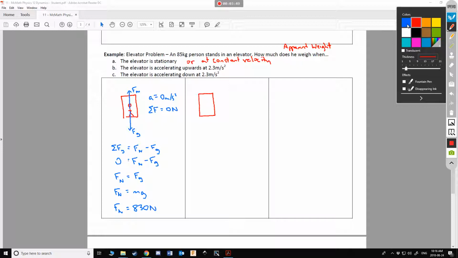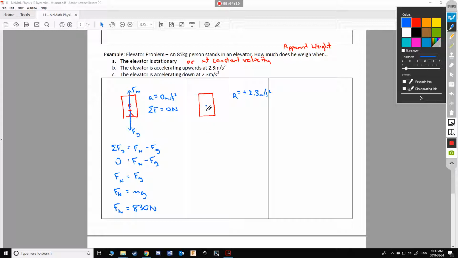We know our acceleration is upwards, so positive 2.3 meters per second squared. What this means is that our net force must be bigger in the up direction, because for us to accelerate, the unbalanced force must be in the direction of the acceleration.